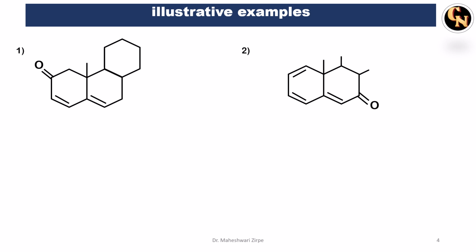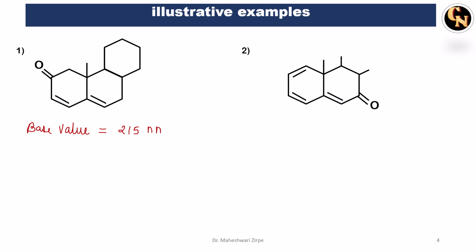In the first example you can see there is an Enone system, and let us first write the base value. So the base value for the Enone system, as we have seen in the table, is 215 nanometers.